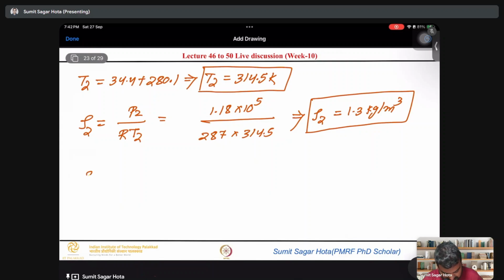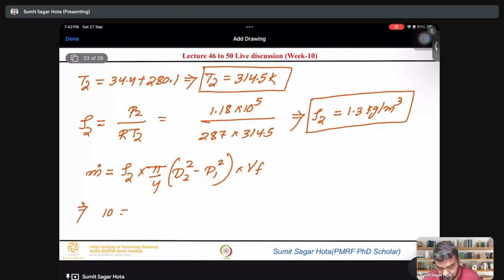So what is m dot? M dot is equal to rho 2 into pi by 4 into d2 square minus d1 square, into the flow velocity. We know all the values, so just substitute. 10 is equal to 1.3 into pi by 4 into d2 square minus d1 square into 195.63.